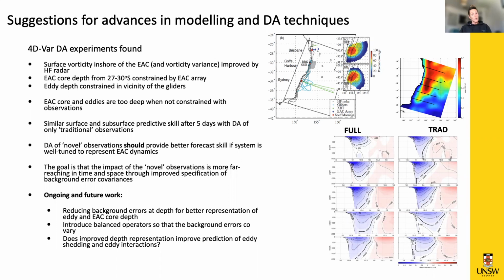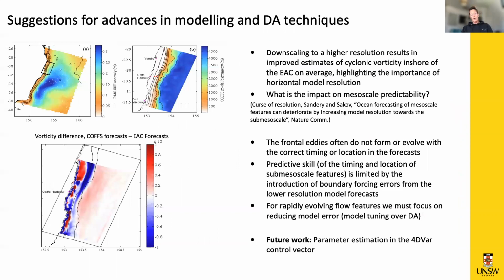And in light of this, we're working on introducing balanced operators such that the background errors covary, and hoping that improved depth representation does in turn improve prediction of eddy shedding and eddy interactions. Downscaling to a high resolution model of 750 meter resolution, we found that we got improved estimates of cyclonic vorticity inshore of the EAC.